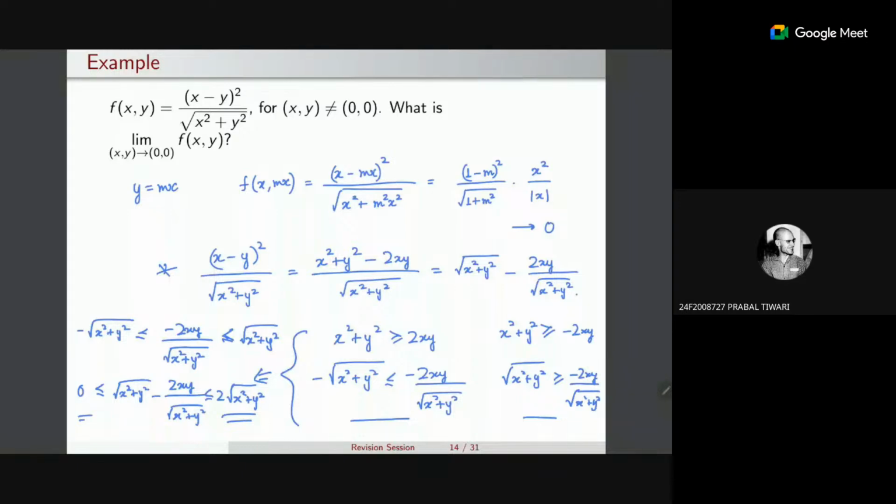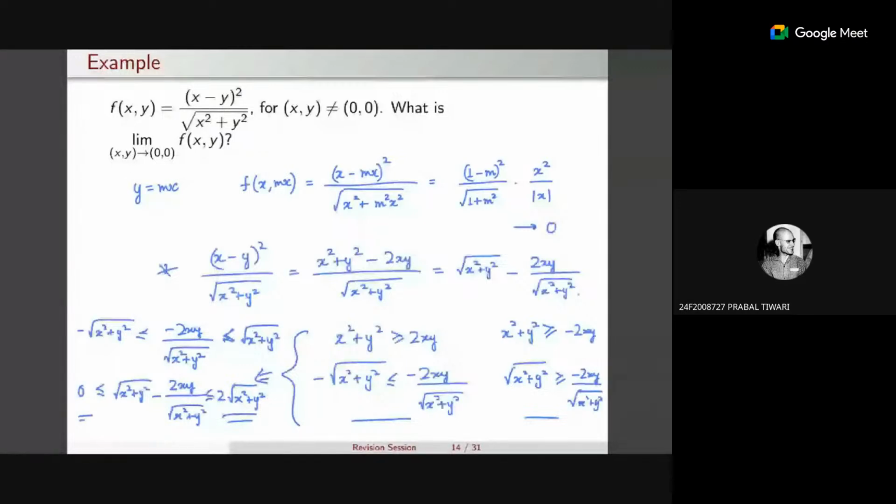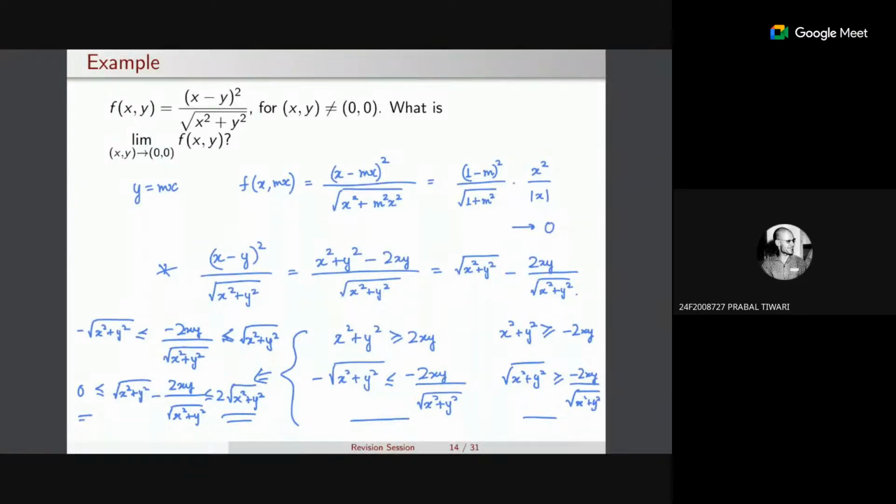So if there is a function which is sandwiched between two functions, both of which go to a particular number as I go towards the candidate point, as in this case, as (x,y) goes to (0,0), both my lower bound and upper bound go to the same value 0. So the function in between also has to go to the same limit. That is the sandwich principle, which says that the limit of this function as (x,y) goes to (0,0) is 0.